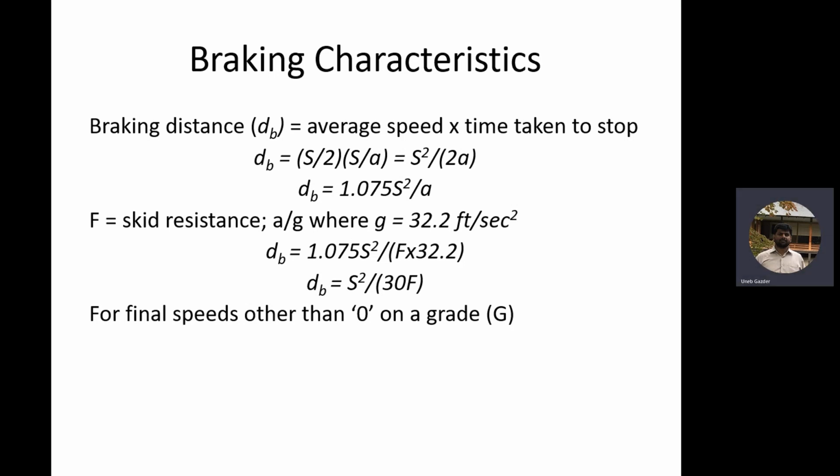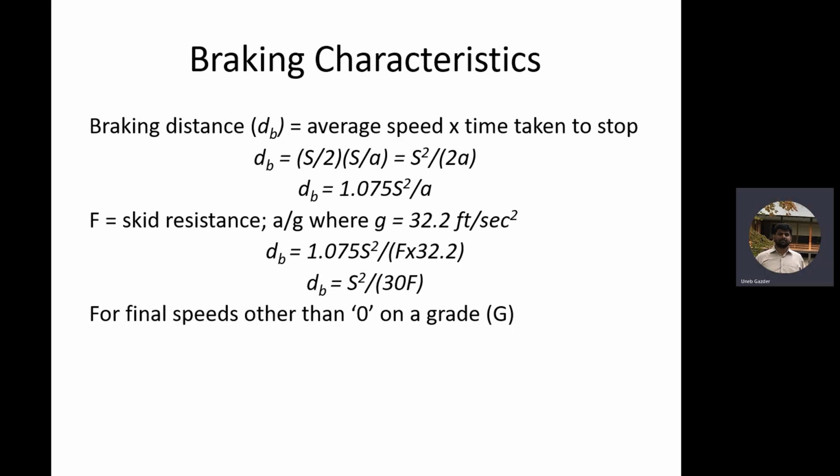Now in deriving this equation for braking distance, we assume that the final speed will be 0. But in many cases, the driver doesn't want to stop, so he wants to get to another speed. So this equation will change for that. Another factor is that in this equation there is no effect of gradient, but gradient does have an effect on braking.